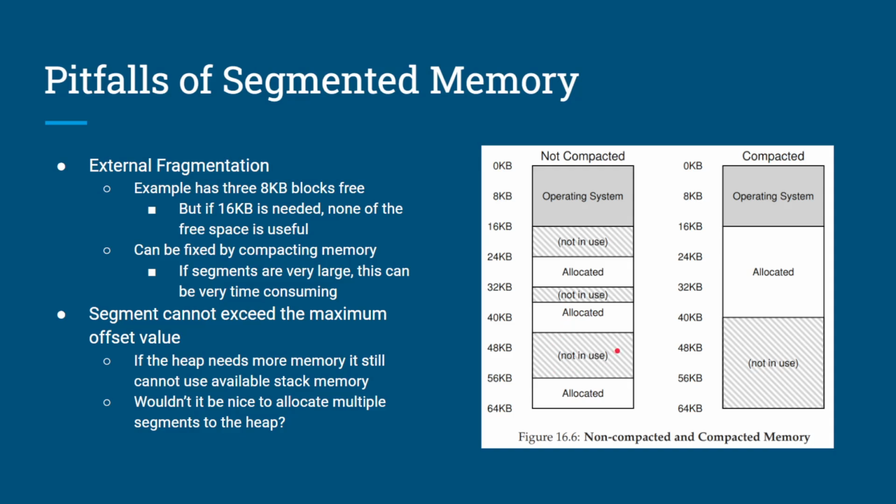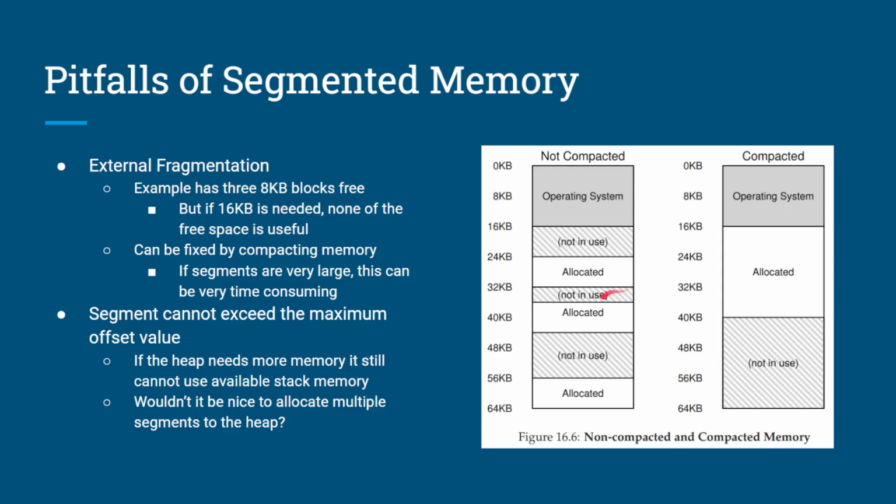Well, what happens if I need to allocate 16 kilobytes of segment space? Let's say this allocated space here is the heap, and I want to grow the heap down by 8 kilobytes. Well, clearly I can't use any of these to copy this to another 16 kilobyte area. To do this, what I need to do is move all of these allocated spaces together.